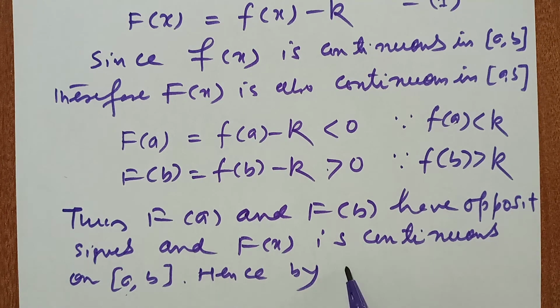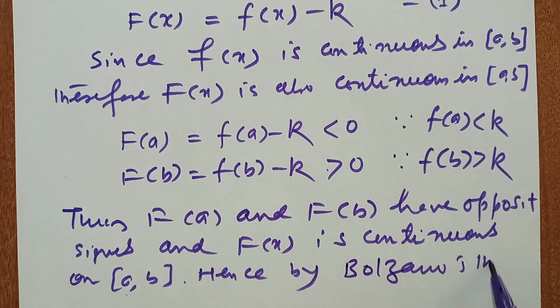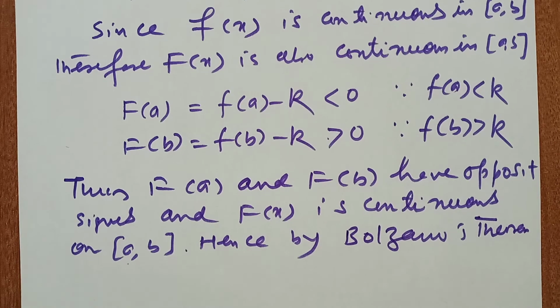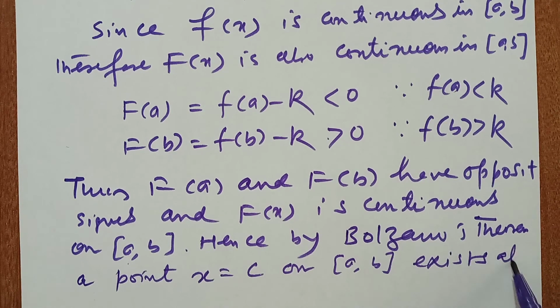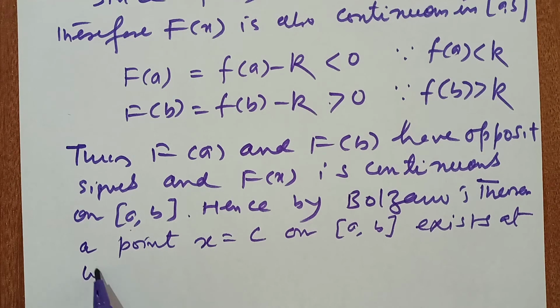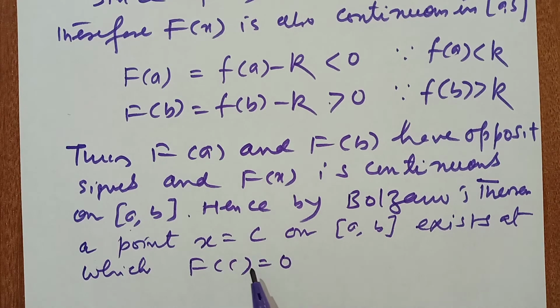Hence, by Bolzano's theorem, a point x equal to c in the closed interval [a, b] exists at which F(c) equals 0.